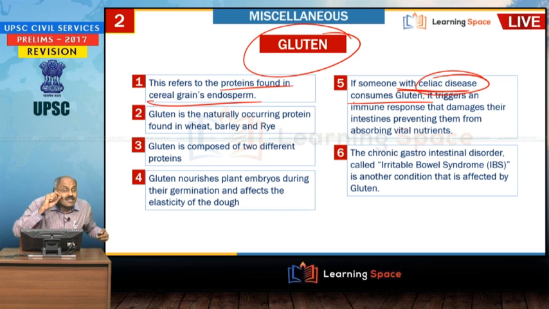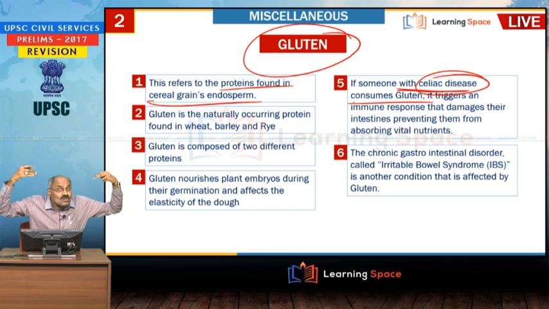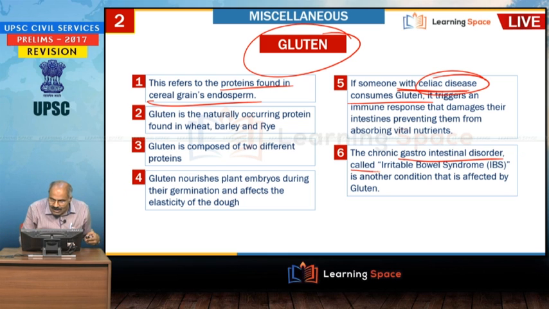If foods containing gluten are taken, it damages their intestines, preventing them from absorbing vital nutrients in future. Not only that, the chronic gastrointestinal disorder called irritable bowel syndrome or IBS is another condition affected by gluten, right? So gluten is very important because it is in the news.